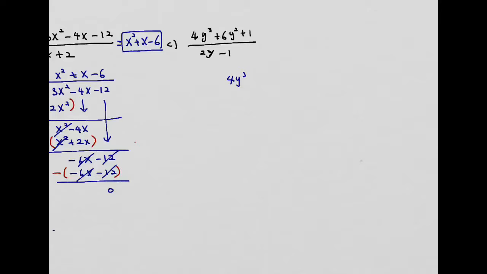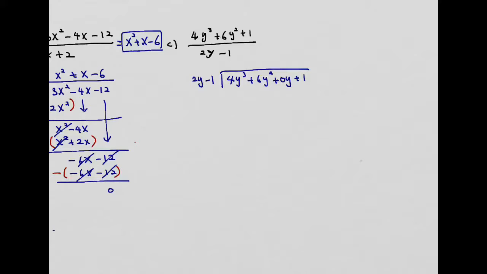And then I have 6y squared. Do I have a first-power term? No, you do not, right? You have the first power missing. So you're going to write it as plus 0y to the first. And then you can do plus 1. Dividing this by 2y minus 1.